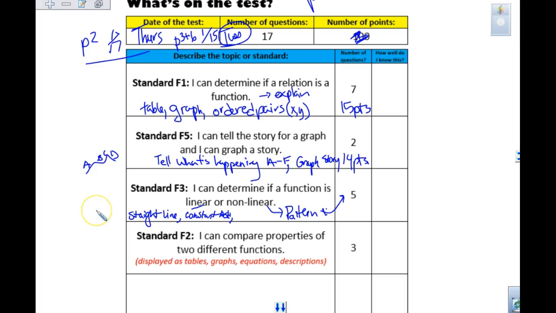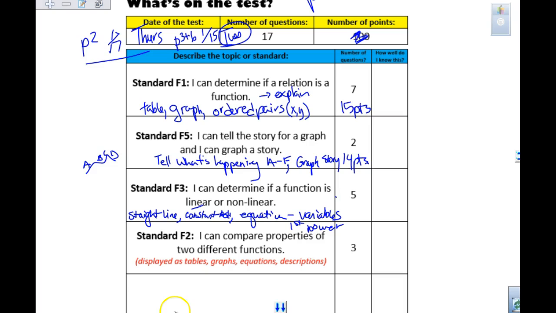So anytime I look at an equation, what I'm looking at for it all to be linear is that the variables are to the first power. What do I mean by variables are to the first power? Y equals mx plus b. Y equals 4. Y equals 2/3 x, something like that.